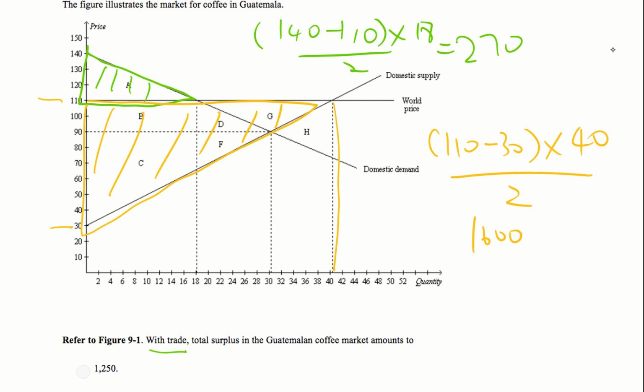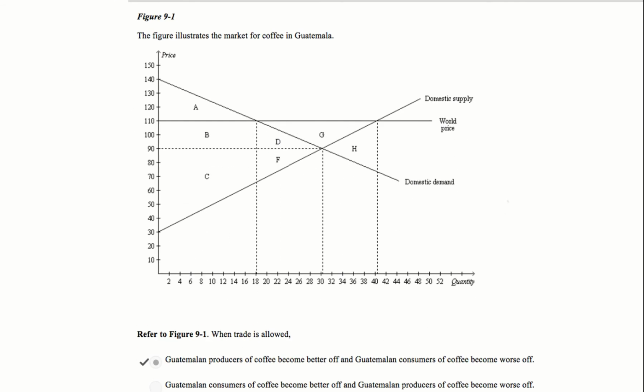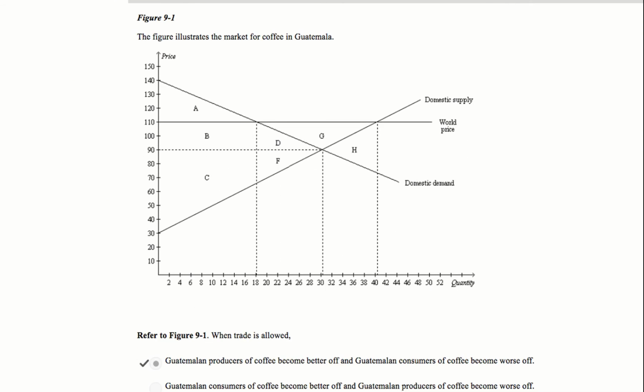Your total surplus is your 270 plus 1600, which should be 1870, right? So the answer is C, 1870. Okay, all right, next question.